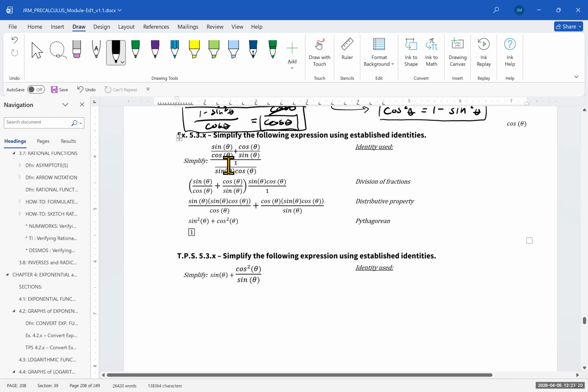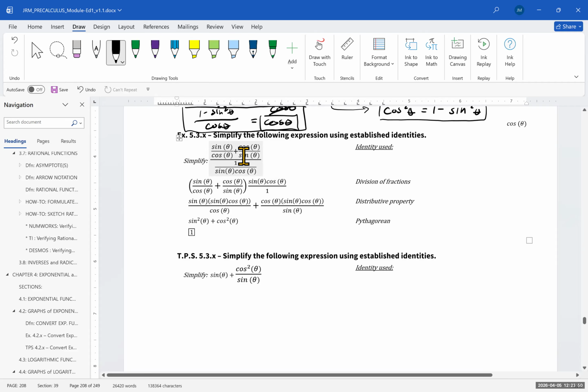So you convert this to tangent, you convert that to cotangent, but what do you do with this in the denominator? It doesn't really, not much is really going to happen with that. So what I would do instead is, something to try, let's try and simplify this compound fraction by getting what's in the denominator out of the denominator.